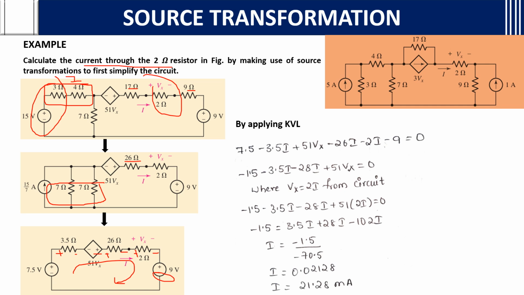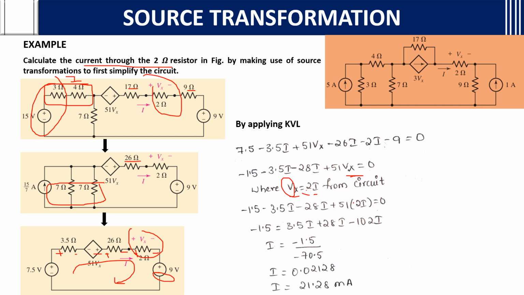If you calculate this and rearrange, you get it in this form. But we don't know the value of Vx. So how do we find Vx? As it is in this one loop itself, Vx means the voltage across the 2 ohm. The voltage across the 2 ohm is the total current I into the resistor, so Vx is 2I.